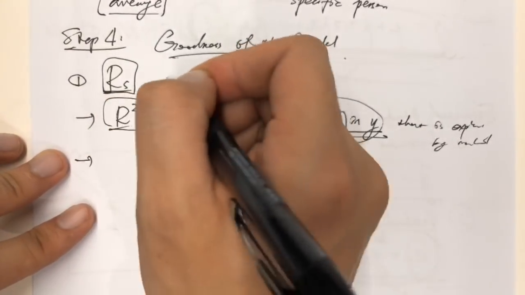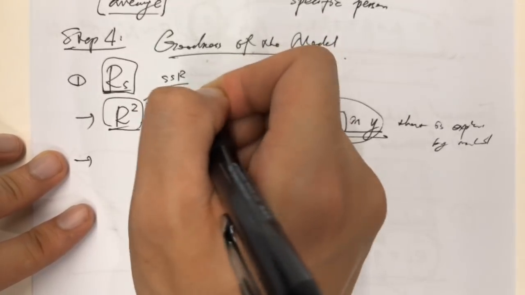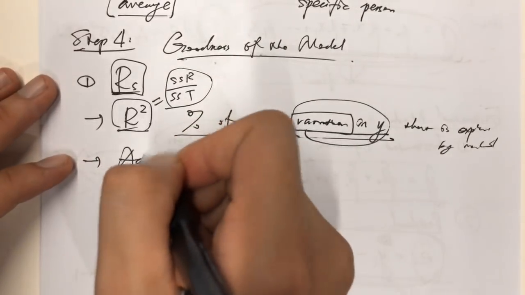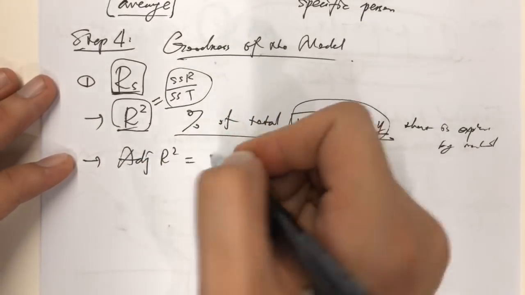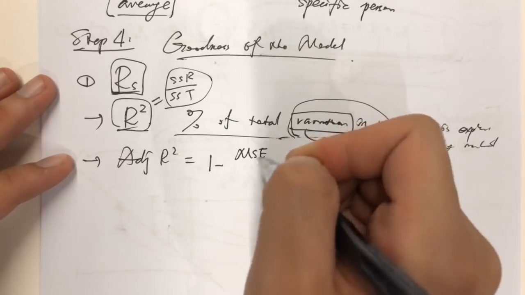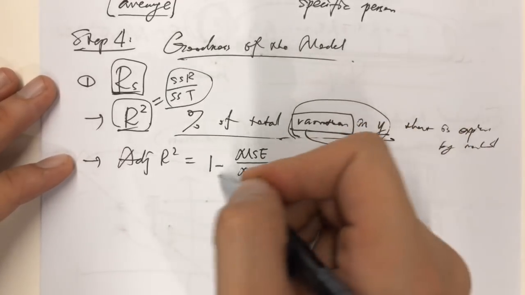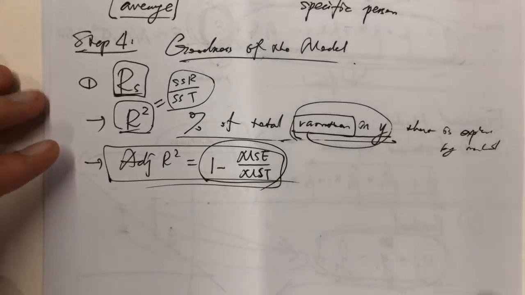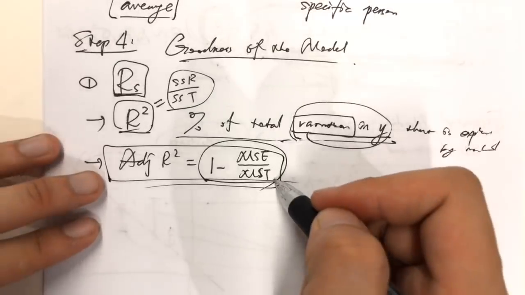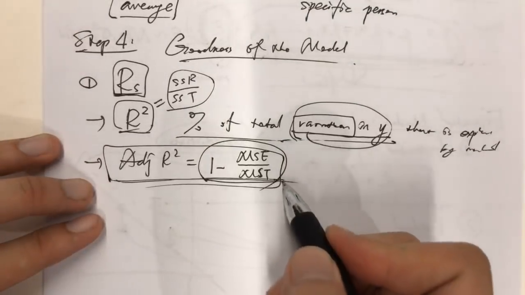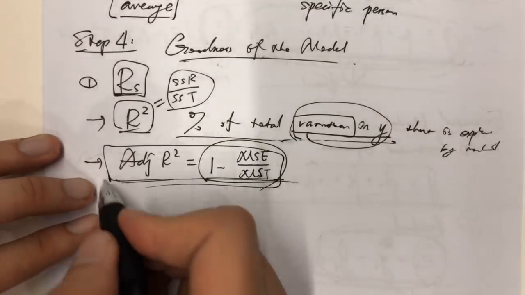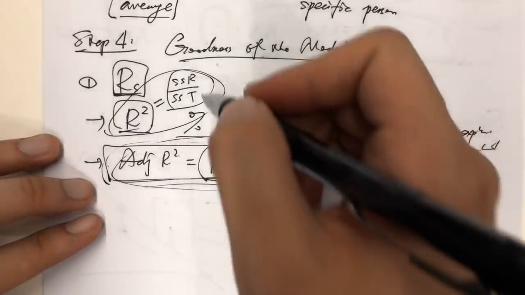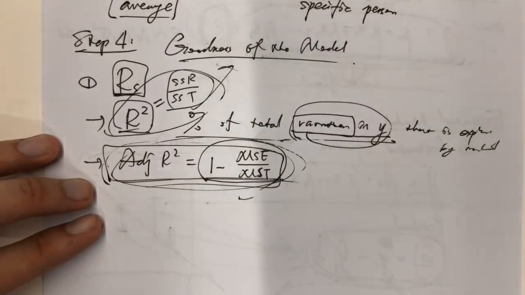R square is calculated by SSR over SST, right? So this is just too easy for us, I guess. And adjusted R square is calculated by 1 minus MSE over MST. And we know adjusted R square will usually act as a criterion for selecting the best model, because adjusted R square has overcome an issue in R square, because R square will always increase when K increases.